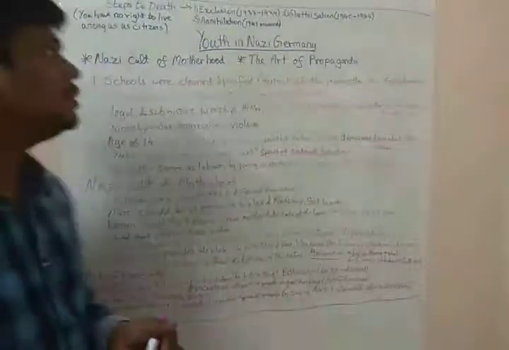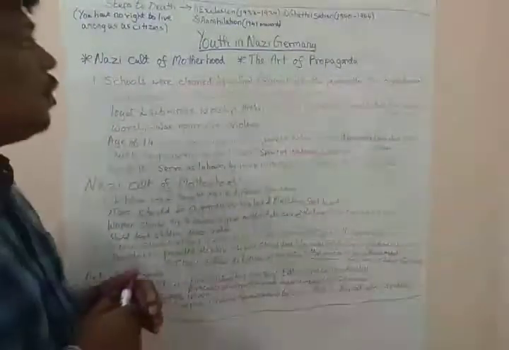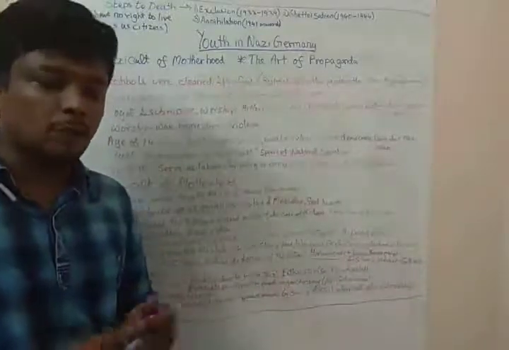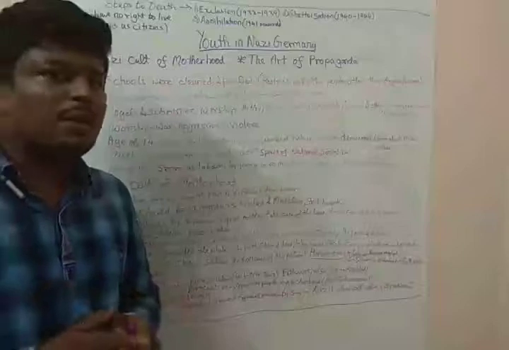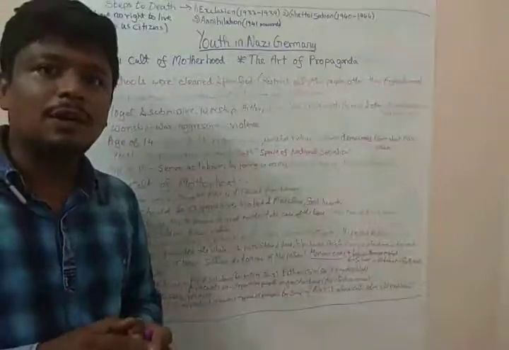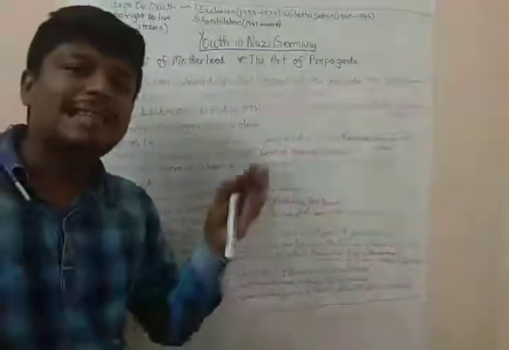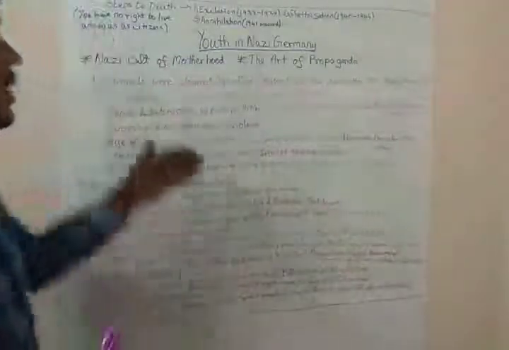So this is what we have learned today, and I just want you to do one main thing. You don't need to prepare questions here, but from the first unit till this fourth unit, you have to prepare a timeline. Timeline means what?